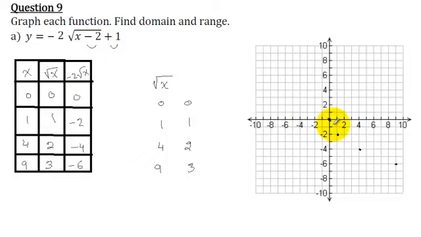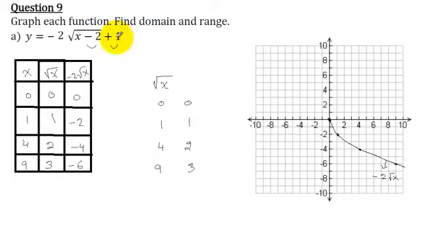So let's graph it. Minus 2 radical x. Now, in our function here, we have a translation. How many units to the right? 2 units to the right. And how many units up? 1 unit up.